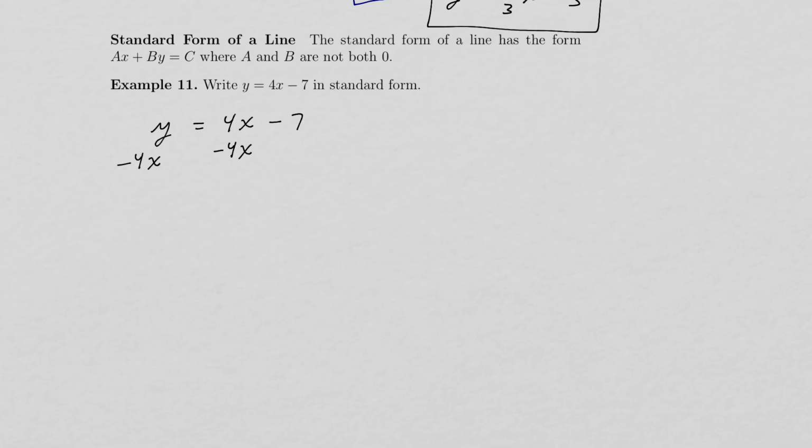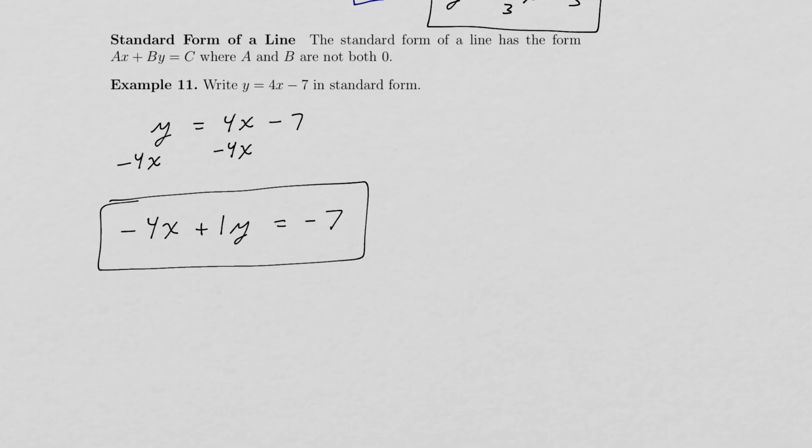And then I can write this with the x term first: minus 4x, plus y. Remember, in this case, there's always a 1 there. So really the b is a 1, equals, and I still have a negative 7 on the right-hand side. So this would be that equation of a line written in standard form.